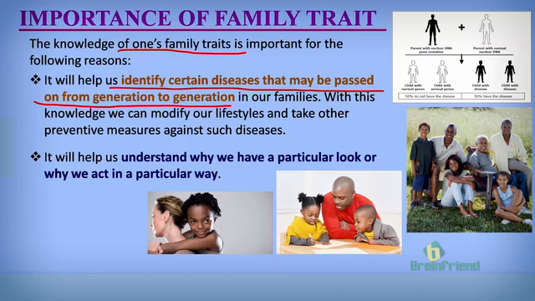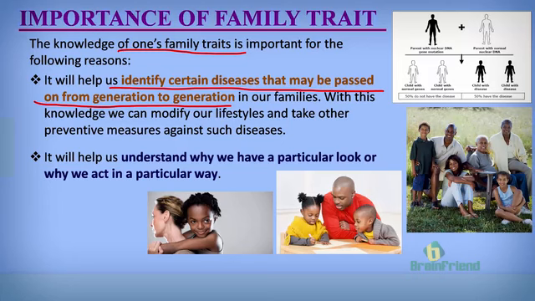So if you learn about your family trait, you realize that my great-grandparents had this disease condition, and this kind of disease condition is likely to pass from generation to generation. Say, for example, hypertension. My father or my mother had hypertension. It therefore means I, as a person, might also have this hypertension because it is inherited from parents to children.